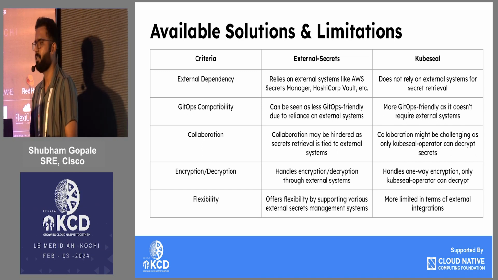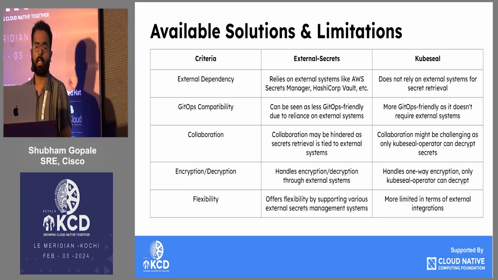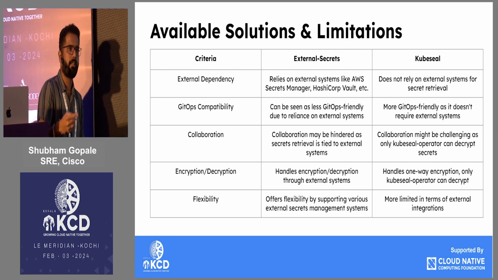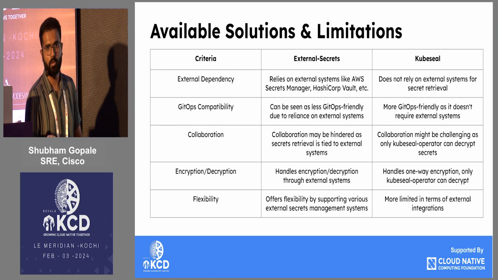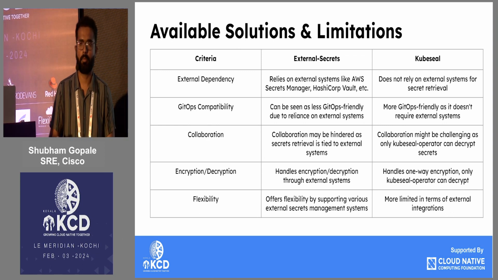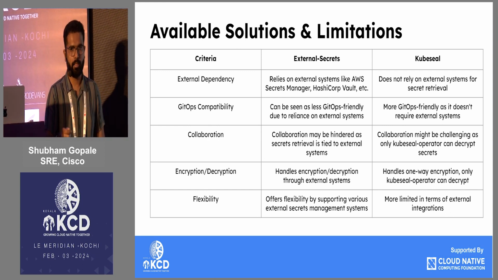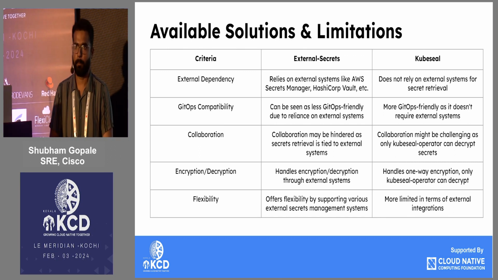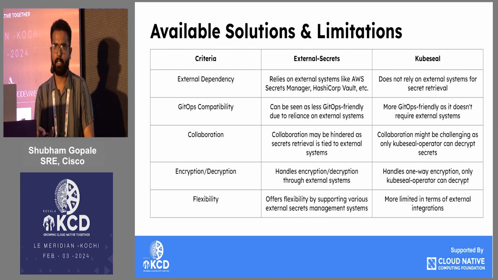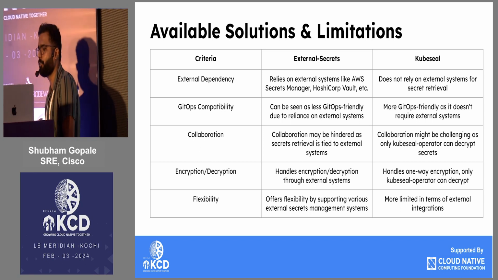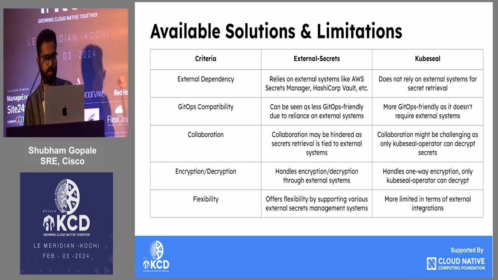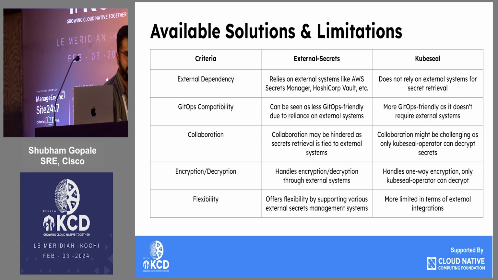So by default, it doesn't have any encryption mechanism. Kubesil, on the other hand, handles encryption on its own, but it's a one-way encryption. Once the secret is encrypted, the user can't decrypt it. Only the Kubesil operator can decrypt it. So I'll show what is the pain behind that approach as well, and then the flexibility.